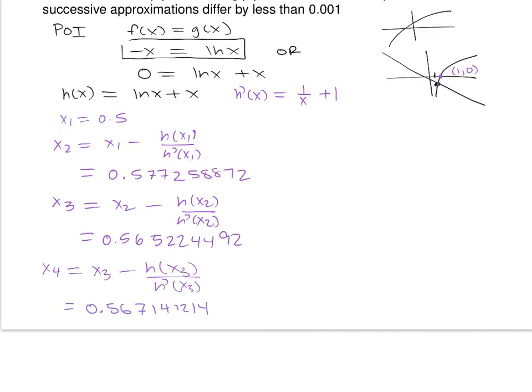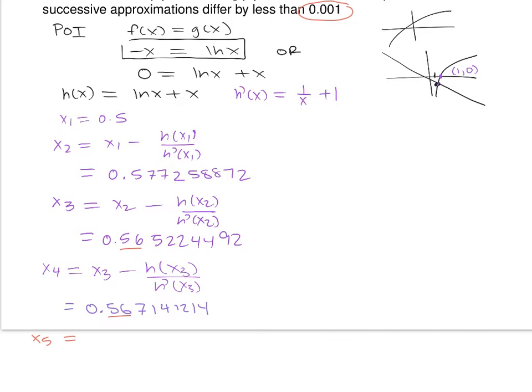Oh, I didn't. I stopped at x5. So far, how many decimals do we have matching? 2. And if you were to subtract these, is the difference going to be less than 0.001? It'll be close, but not quite, right? So since you're probably close, maybe one more iteration would do it.